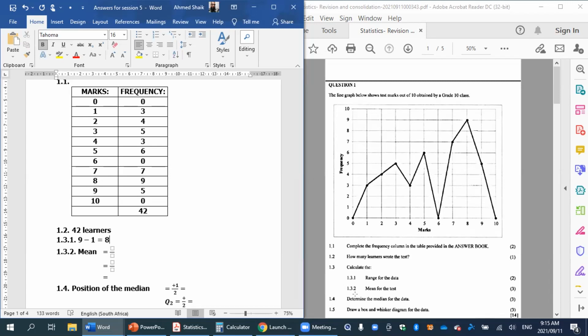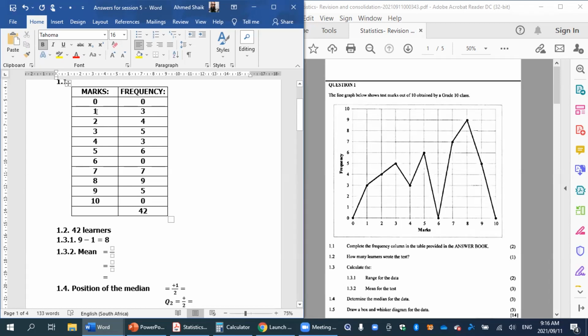1.3.2. Calculate the mean for the test. Remember, the mean is the sum of the entire data set divided by the number of values in that data set. We're looking at our first set of data values. We have mark 1, but we have 3 times 1.